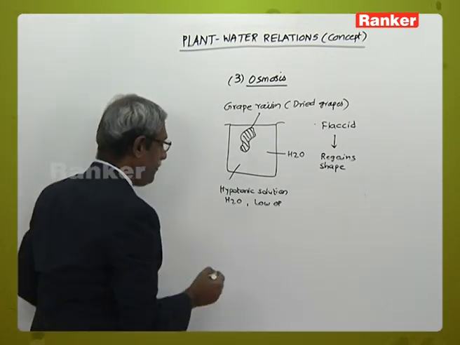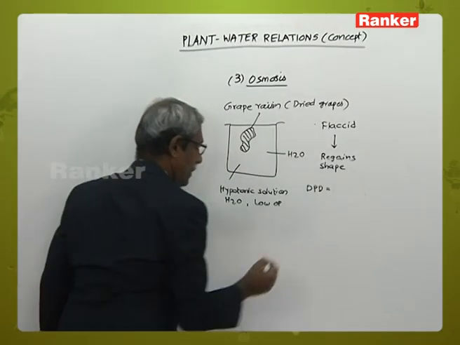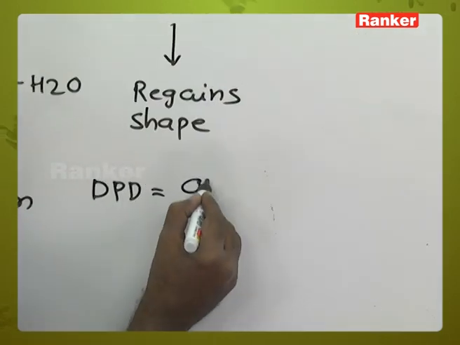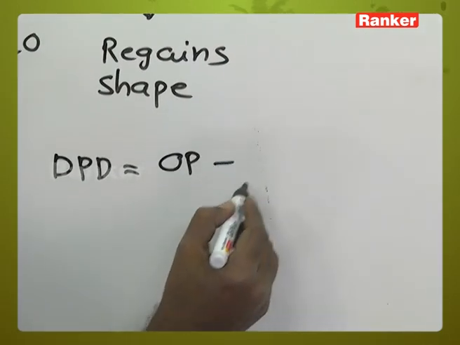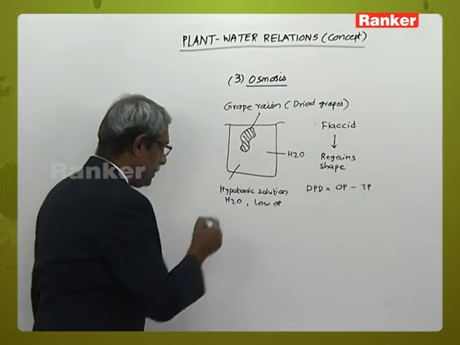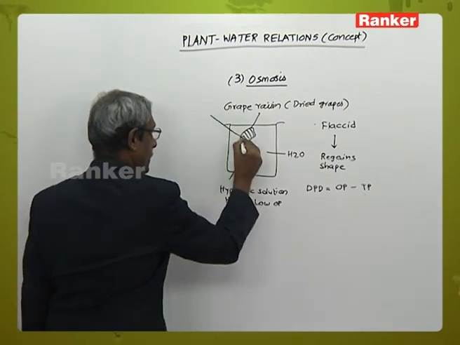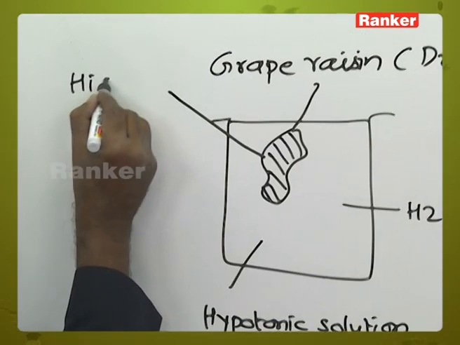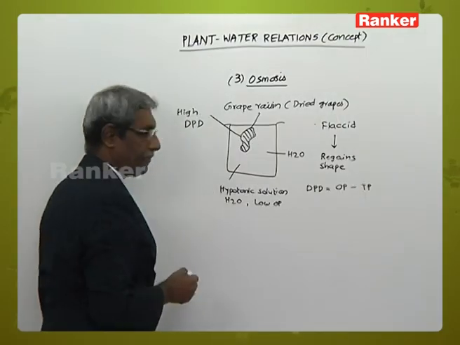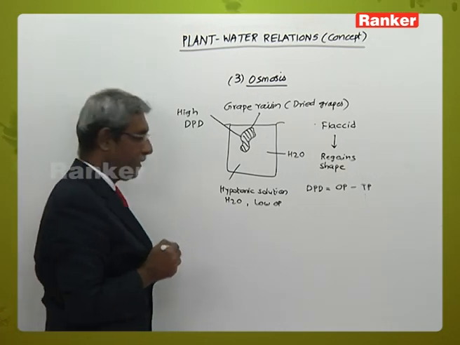Now when you take the diffusion pressure deficit, DPD, the diffusion pressure deficit is equal to osmotic pressure minus turgor pressure. So because of this, the cell has a high diffusion pressure deficit. It is rich in sucrose, so it has a high diffusion pressure deficit.